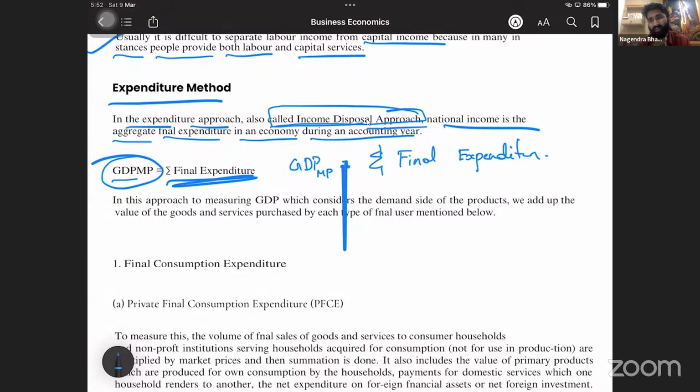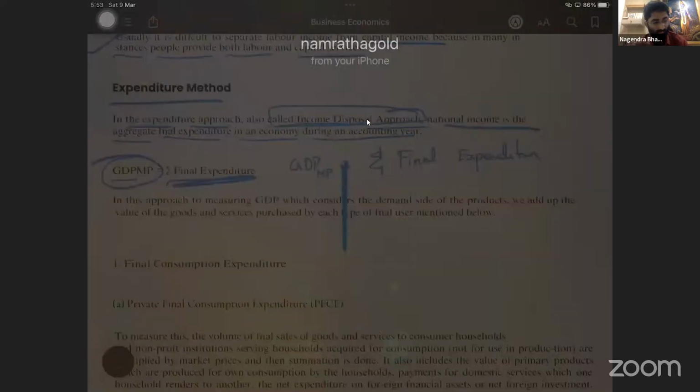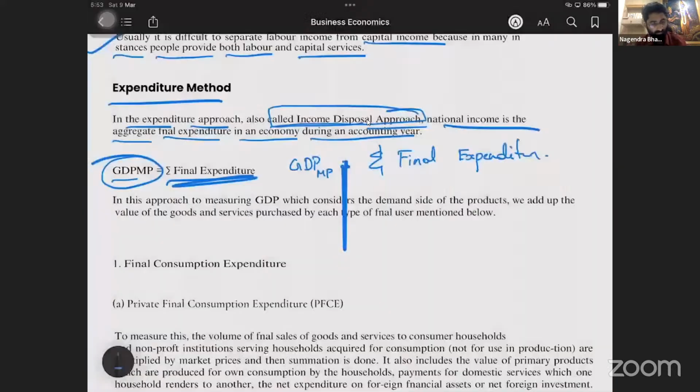Sir, why do we have to include everything in the expenditure? Because, see, you are paying me some amount. For what will you pay me the amount? For taking class, no? I am taking class for you. If I am taking class for you, that means I am giving some service to you.